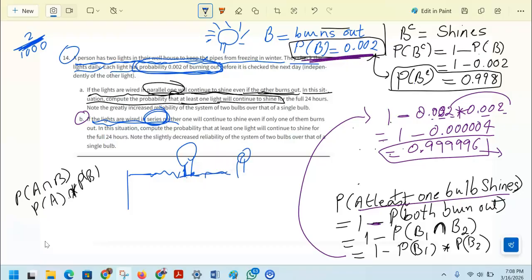If the current goes off, that means both will go off. Both will go off, right? So that is the understanding of that.